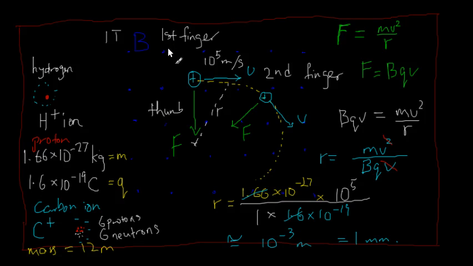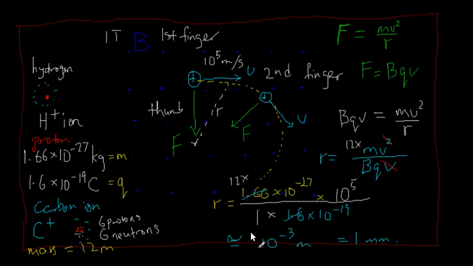The charge is the same, the field is the same, the velocity is the same. So the mass is the only change, and if I want to calculate the new radius, I can go through the same equation, same physics, same principles. The only change is when I substitute the value for the mass: instead of the mass of the proton, I must use 12 times that.